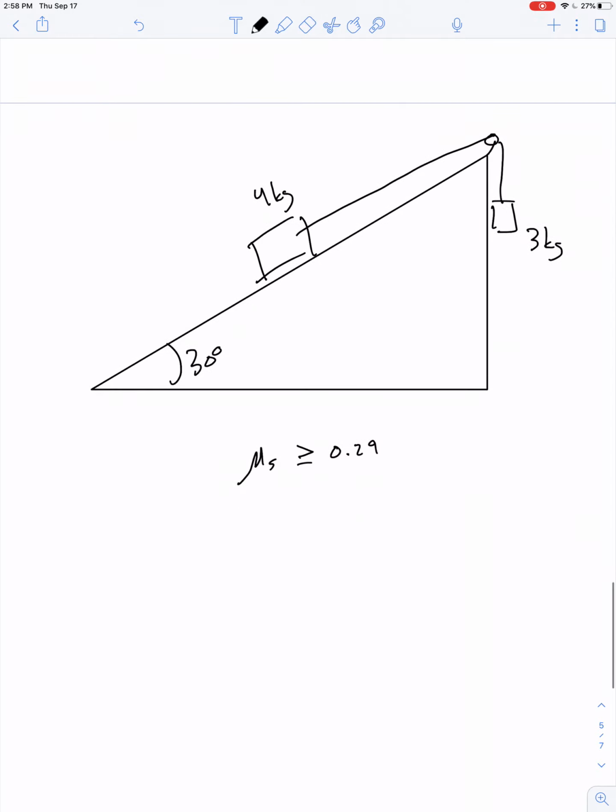So let's say it's greater than 0.29. Let's say the coefficient of static friction actually happens to be equal to 0.5. Then how much additional mass can be added to the 3-kilogram object and still have the system remain at rest?